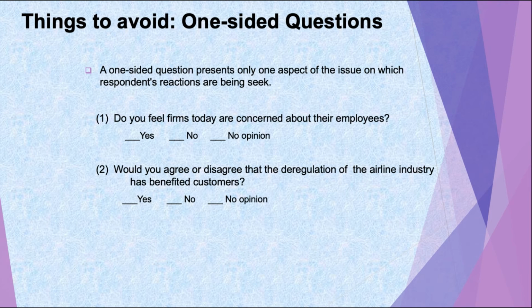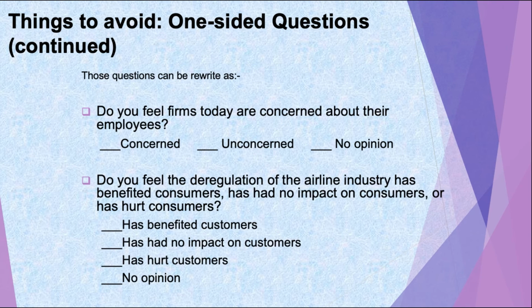A one-sided question, for example, represents only one aspect of the issue on which respondent reactions are being sought. For example, do you feel firms today are concerned about the employees? Yes, no, or no opinion. Or, would you agree or disagree that the deregulation of the airline industry has benefited consumers? Yes or no. So I have only one side. In order to solve that, it can be revised as: do you feel firms today are concerned about the employees?